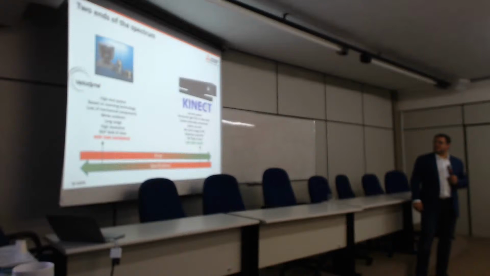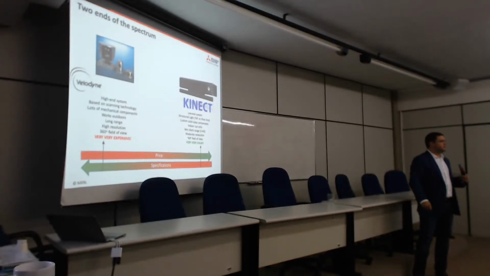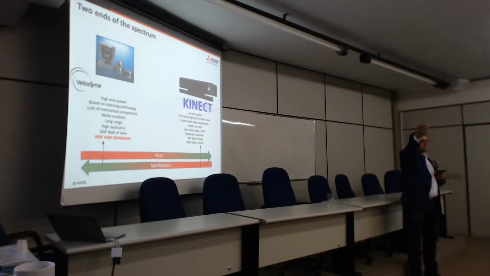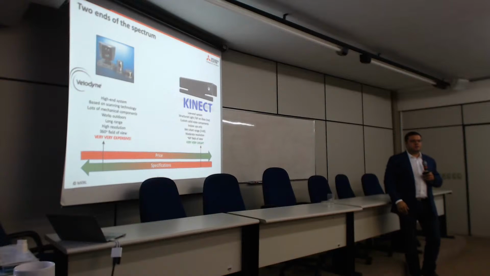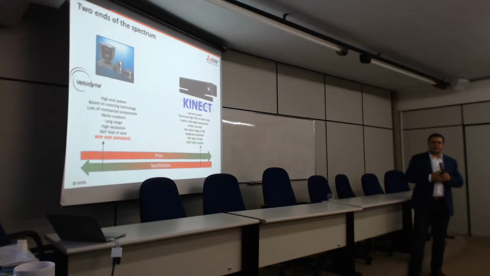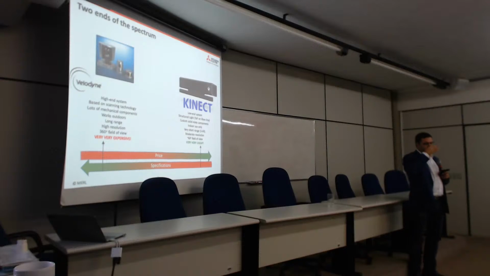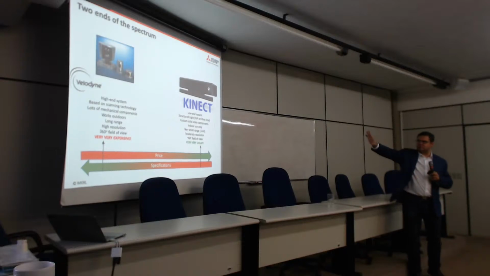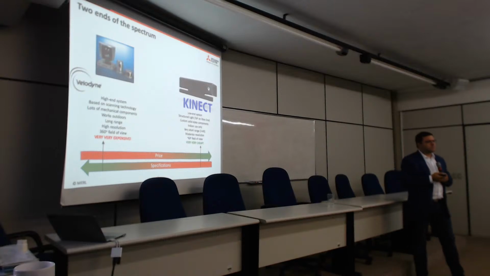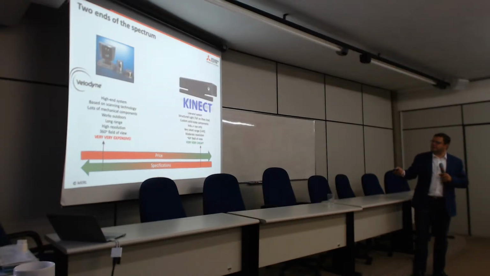On the other side, everybody knows the Kinect. Microsoft Kinect has a depth sensing camera. The first Kinect was a structured light camera, so it doesn't qualify as being in that category. But the next generation was time of flight, so it would send the pulse to see how long it takes. It would use custom solid state components, but it was indoor use only.